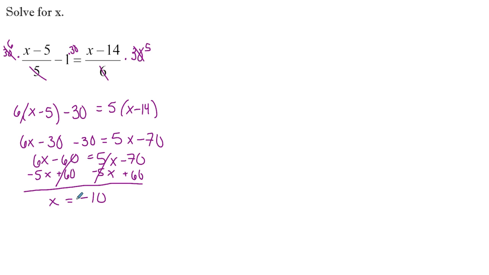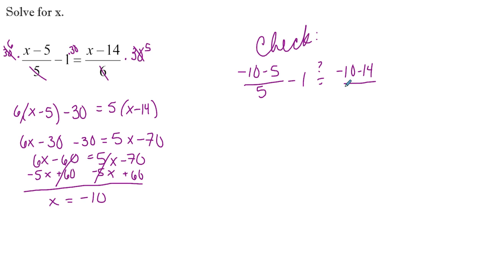Now, to make sure we've done this correctly, let's go ahead and check our work. If we plug this in, we get negative 10 minus 5 divided by 5 minus 1. And we have to see, does that equal negative 10 minus 14 over 6? Negative 10 minus 5 is negative 15 over 5.